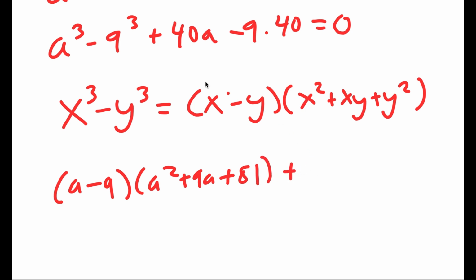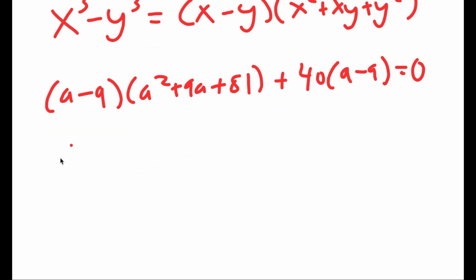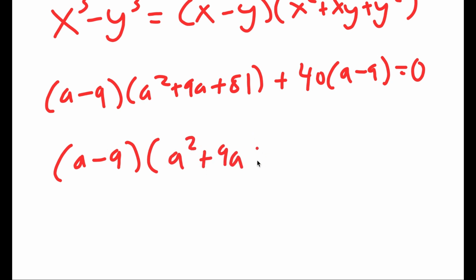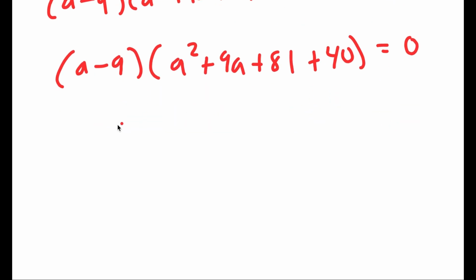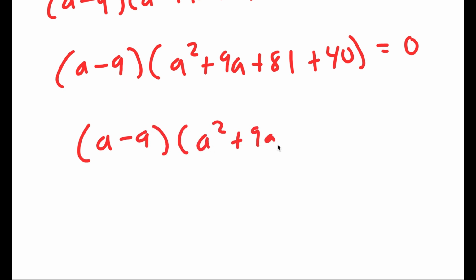And I have this plus, I can factor out 40 from this, so 40 times a minus 9. So now I get a minus 9 times a squared plus 9a plus 81 plus 40, which is a minus 9 times a squared plus 9a plus 121.